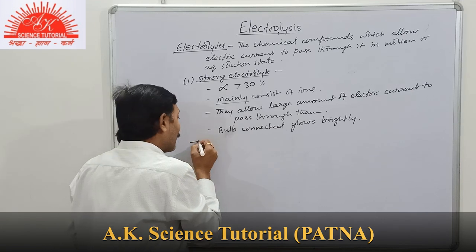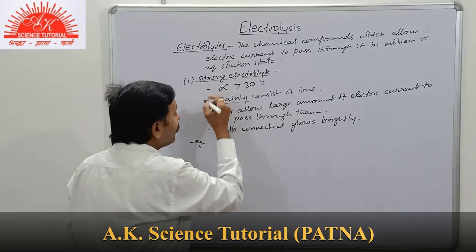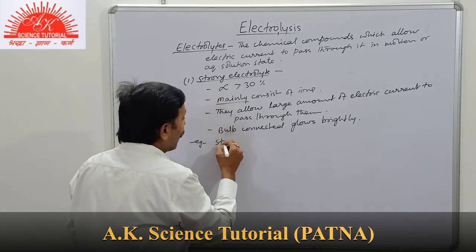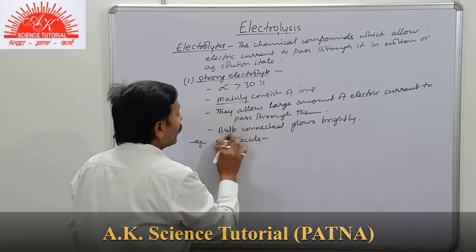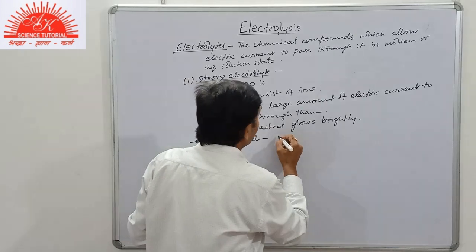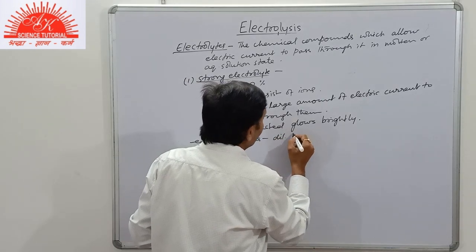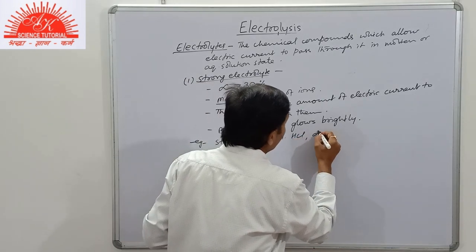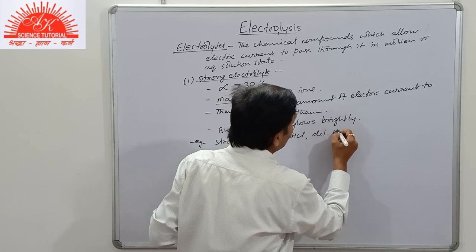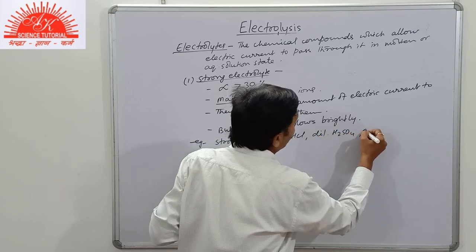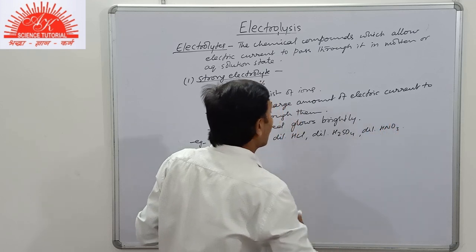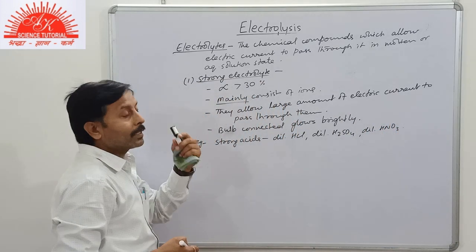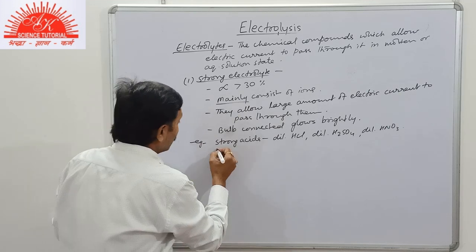Now examples of strong electrolytes. These are strong acids like dilute HCl, dilute H2SO4, dilute HNO3. These are strong acids, hence they are strong electrolytes.